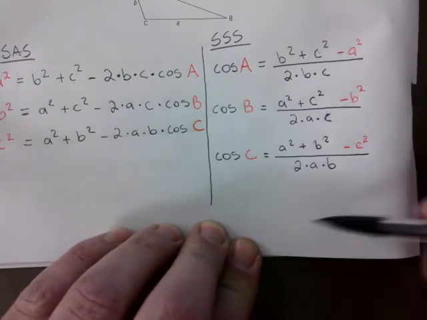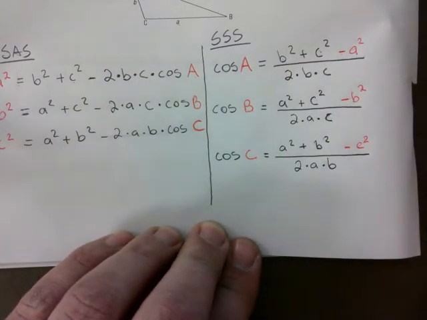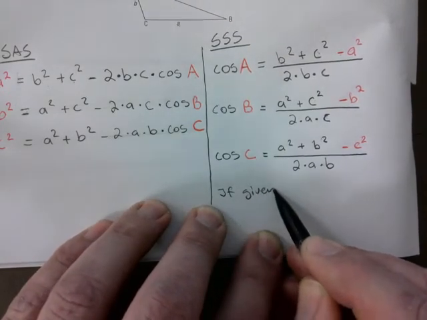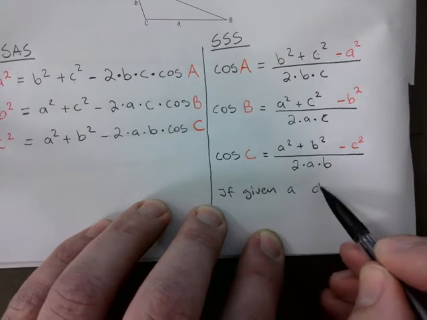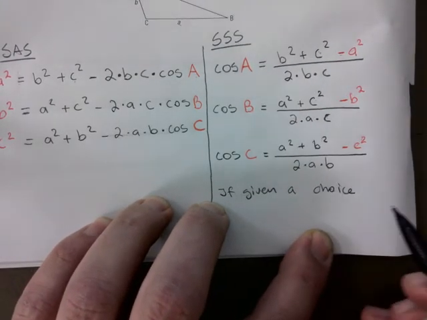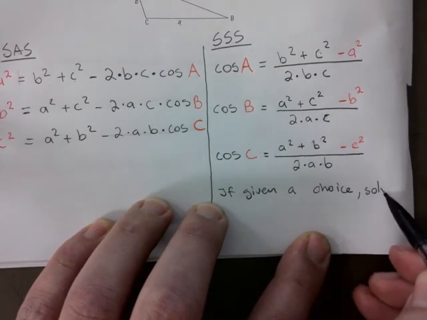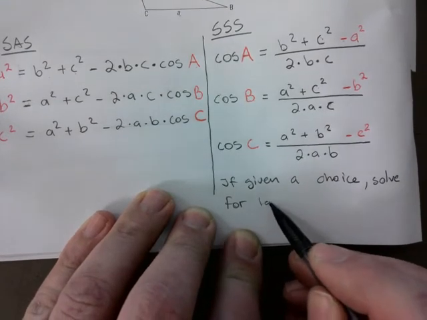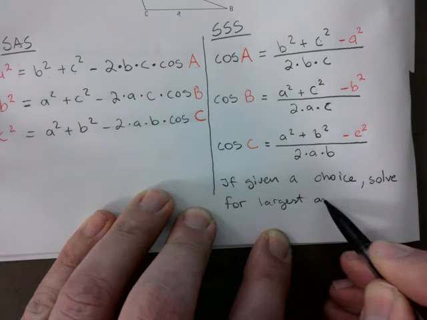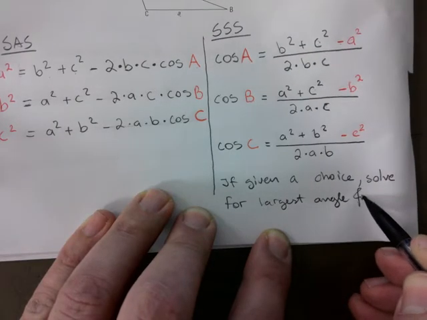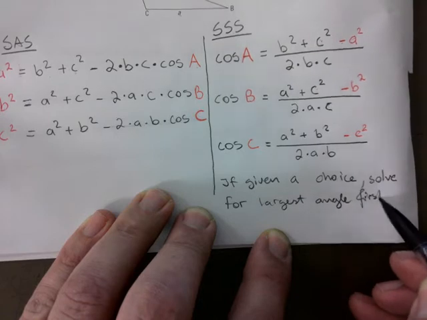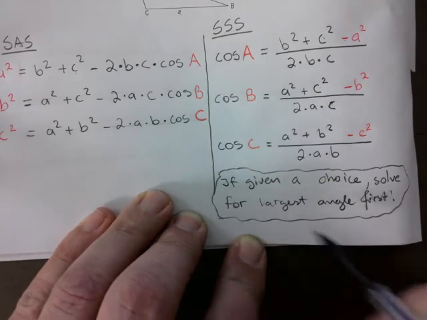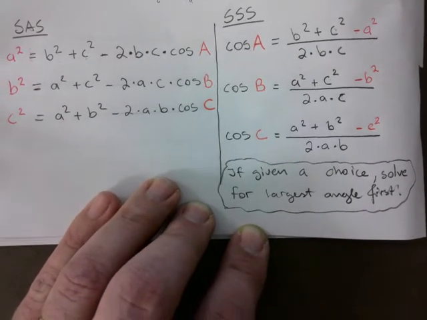One note here for side, because all you have left is to solve for angles. A little note here. If given a choice, solve for largest angle first. And the largest angle is always going to be across the longest side, right?